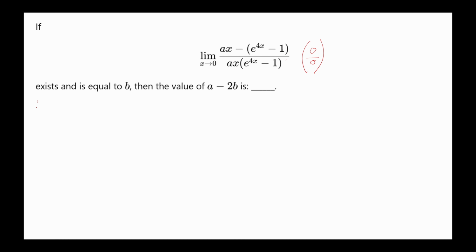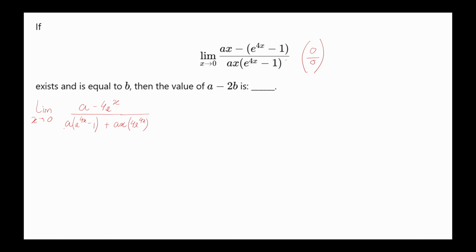So let us simply differentiate the numerator and denominator. In the numerator, we would have a minus 4e to the power x. And below, we would have a e to the power 4x minus 1 plus ax times 4 e to the power 4x.